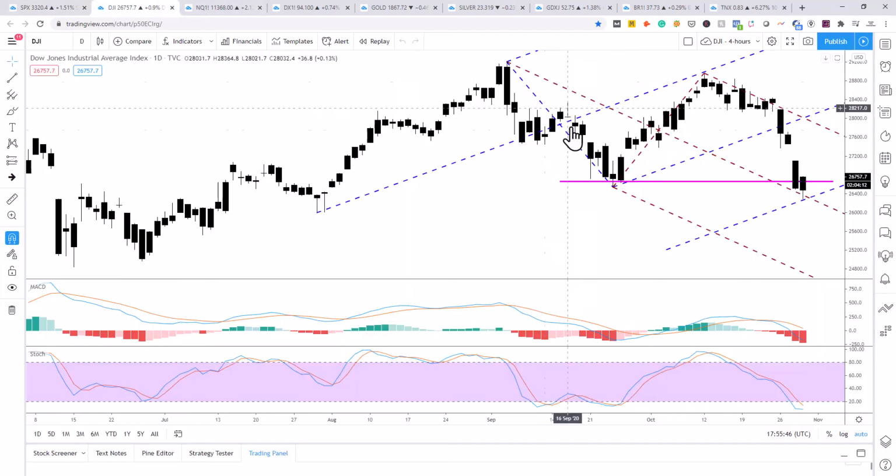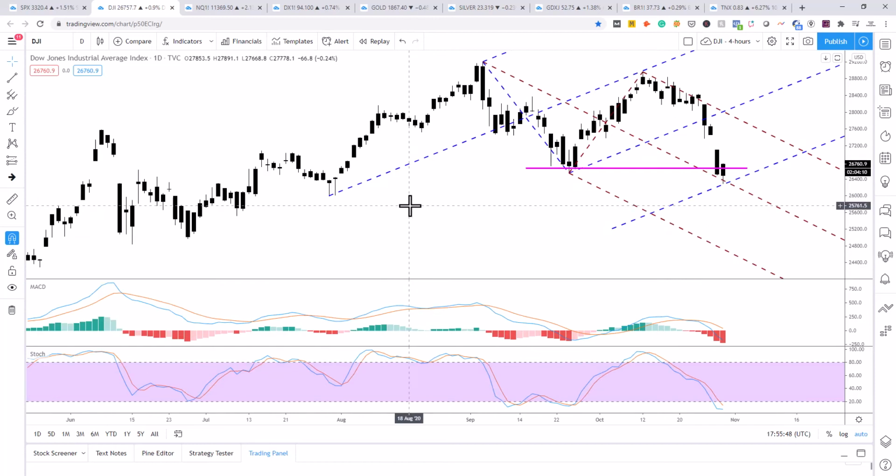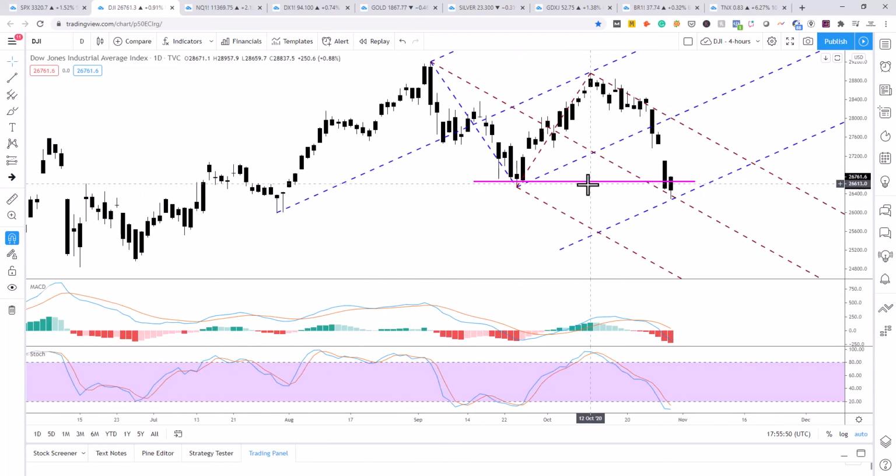Let's move on. This is the Dow. Dow again failed horizontal support and was pulled down into this intersection of median lines. In this case we've got a downsloping Andrews pitchfork and an upsloping Andrews pitchfork.